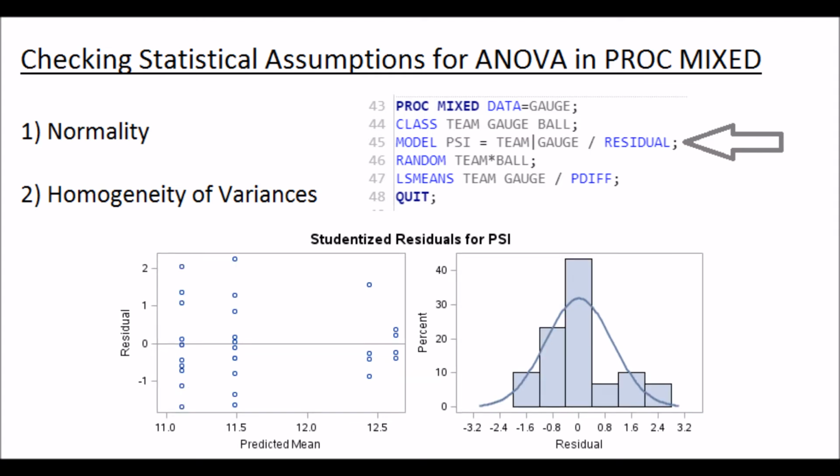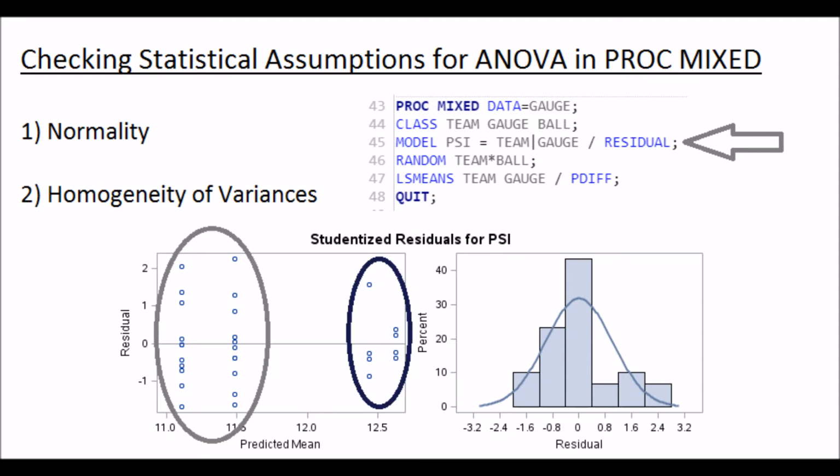When looking at the unconditioned residuals, it appears that there is a wider range of residual values among the Patriots footballs, which have the lower predicted means, regardless of which gauge was used, compared to the Colts balls, which have the higher predicted means. The good news is that even though it appears our data violate the homogeneity of variances assumption, we can tell SAS to estimate a separate variance for each team's balls.